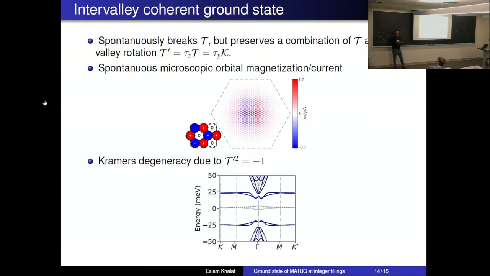It's likely due to strain, which changes something in this picture that could make the semi-metal more competitive. Having a direct measure of this is not easy. These microscopic currents are very difficult to measure. But what I can say is that this phase is consistent with the Landau fan they observed. Due to this Kramers degeneracy, it gives you the right degeneracy. But it's not the unique phase that gives you this degeneracy.